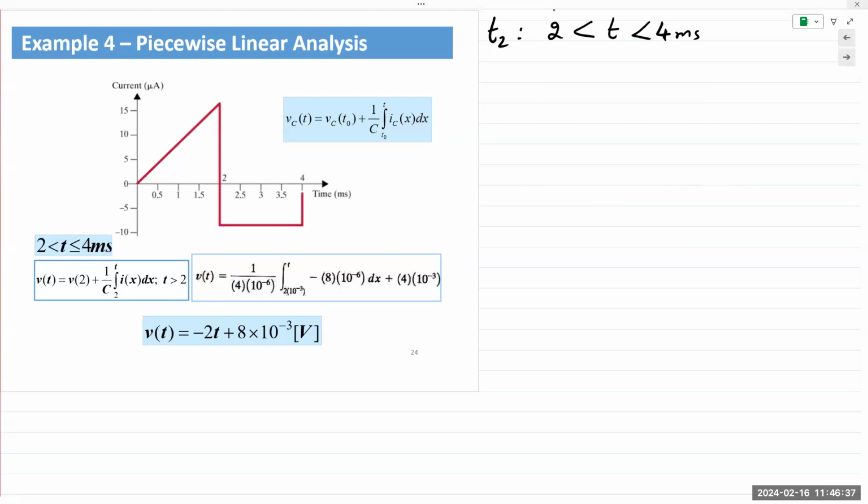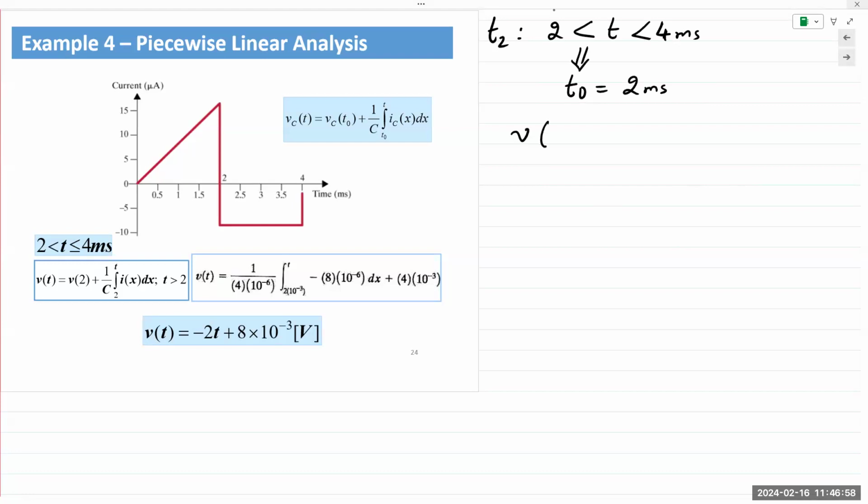So here in this piece, my 2T0, my starting point, the point at which I begin my analysis, is 2 milliseconds. So T0 is 2.